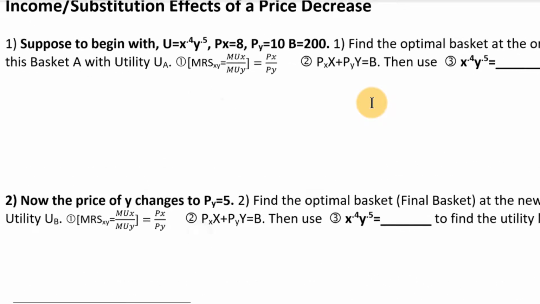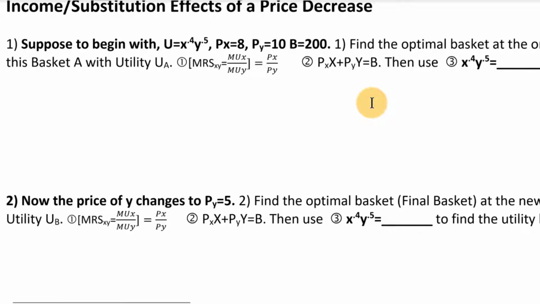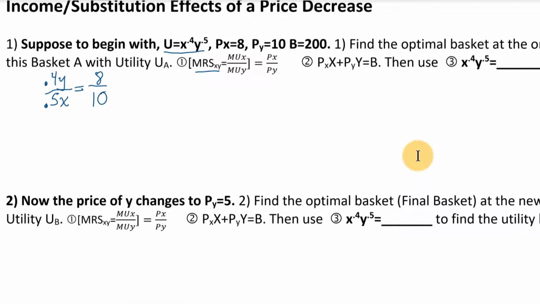So using our Cobb-Douglas shortcut, the marginal rate of substitution for this utility function is going to be the exponent on the x times y, so 0.4y divided by the exponent on the y times x. We set that equal to the ratio of the price of x over the price of y, and so that's $8 divided by $10. So that's our equation number one.